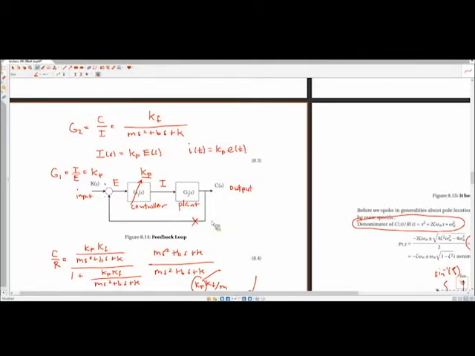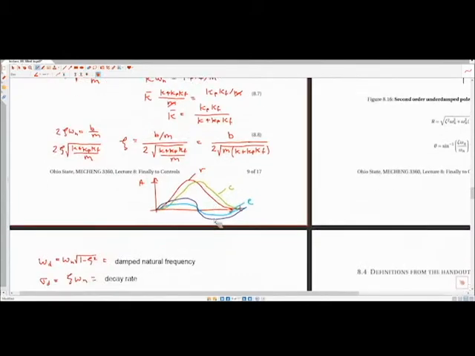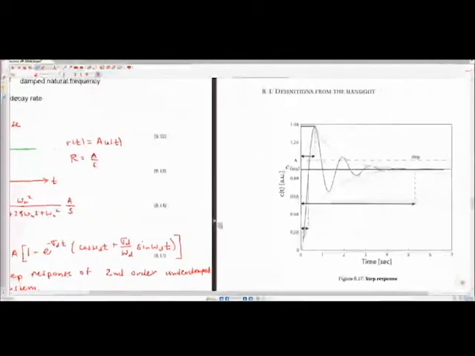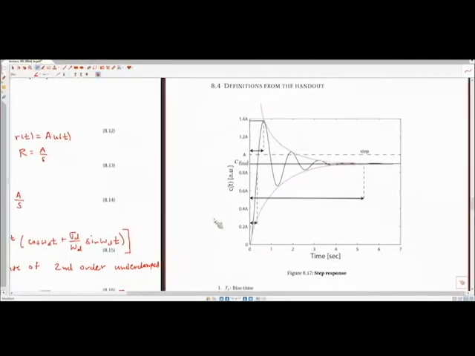The first one is called the rise time. And so the rise time is given on your chart here. So rise time, this is kind of a fuzzy definition. It's not the most precise one, but it's generally accepted as the time at which the response first reaches the vicinity of the new steady state value.